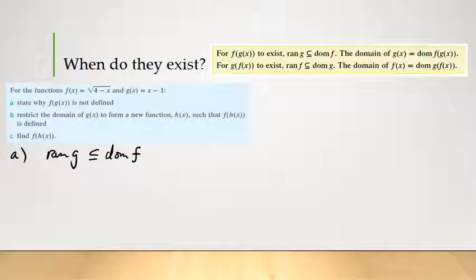The range of g is all real. The domain of f is from negative infinity to 4. The best way to check these is just to look at the graph. So the range is not contained, so it doesn't exist.